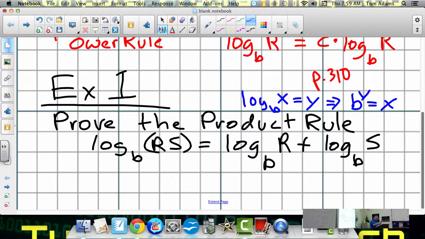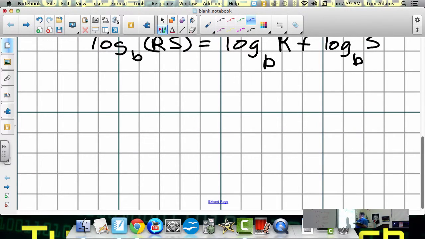Exponentials and logs are inverses of one another, and that's the mathematical relationship between all those variables. We want to keep that in mind as we go to do this proof. So now if that's the case, then RS, let's define what some of these things are.